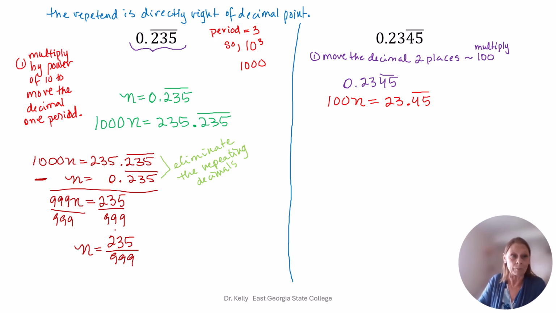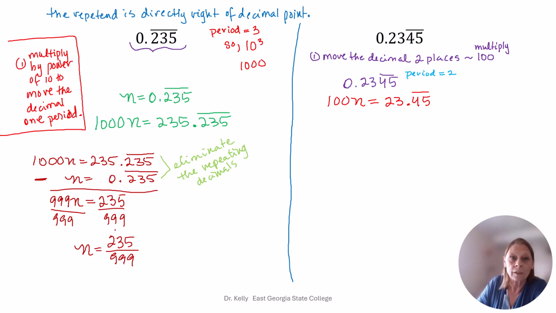Now, that hasn't taken care of the next step. So now we're going to pick up here and multiply by a power of 10 to move the decimal 1 full period. And what we know here is that our period is equal to 2.